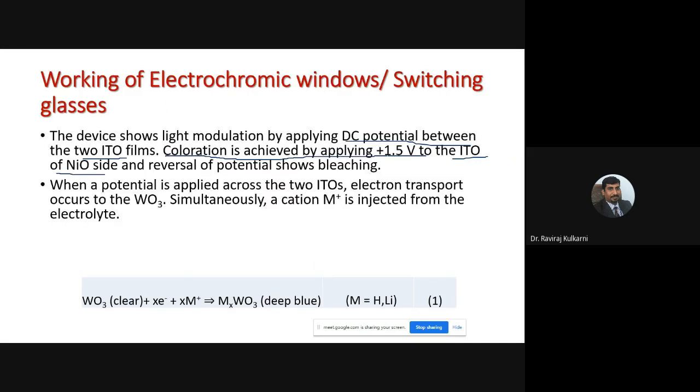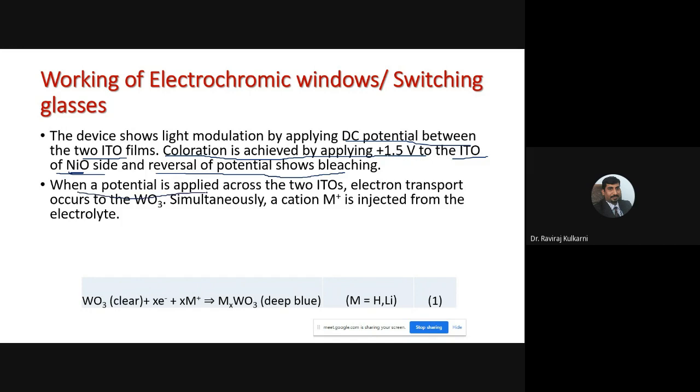How much voltage are you applying? Just 1.5 volt, or dry cell voltage. If you want to reverse, to remove the color, bleaching action, then you have to reverse the potential. Earlier you made nickel oxide the anode; now you make it the cathode. The reversal of potential shows bleaching.